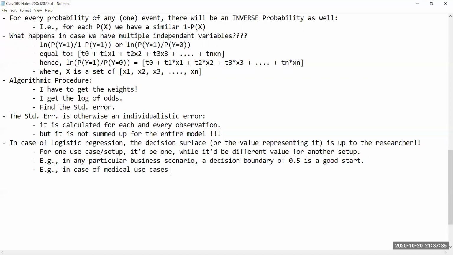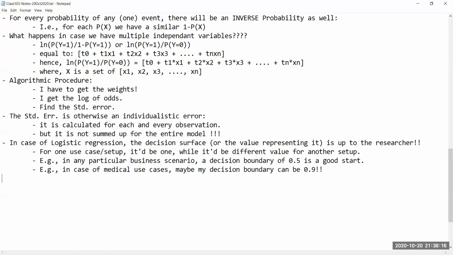Because let's say I'm trying to predict whether I have cancer or not. 50% being the benchmark or the deciding value is really not good. I have to increase the probabilistic representation of the model. It has to be more accurate than that. So in such use cases, maybe my decision boundary can be 0.9, or as high as 0.9, right? So that's the point.